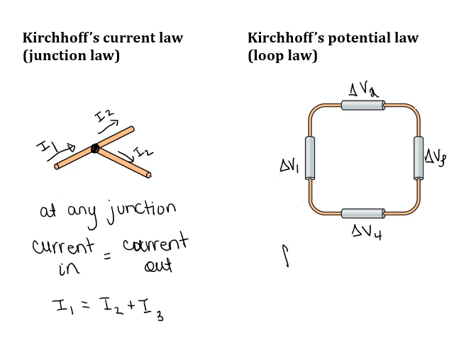So for any closed loop, the net change in potential has to be zero.